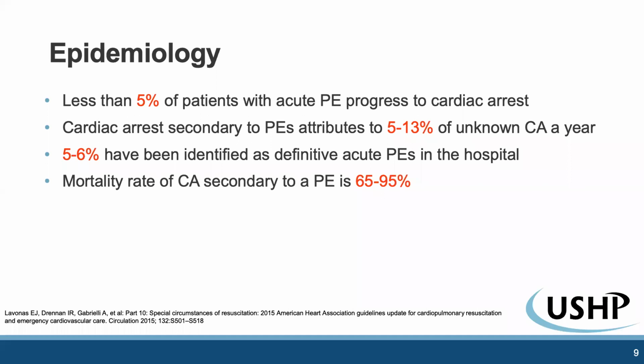And when assessing this, 5 to 6% have been identified as definitive acute PEs in the hospital. Mortality rate of cardiac arrest secondary to PEs is 65 to 95%. So although this is rare, this clinical presentation has a high mortality rate and warrants discussion, in the hope of being the utmost prepared as well as achieving better patient outcomes.